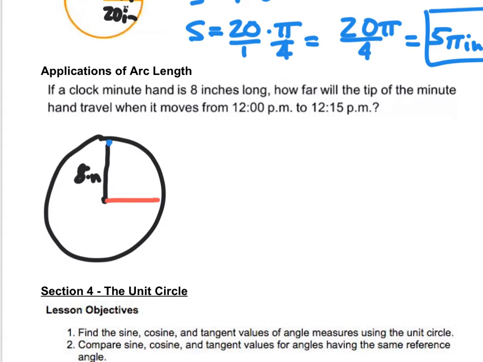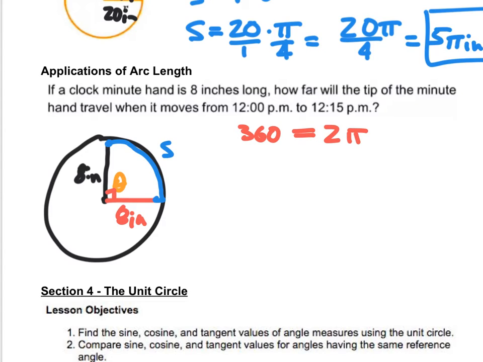So what's this length here, s? This is also 8 inches, but the other question is what is our angle measure here, theta? This is where that previous page came in. This is going to be a 90-degree angle. Now let's think about it. We know 360 degrees is the same thing as 2 pi.